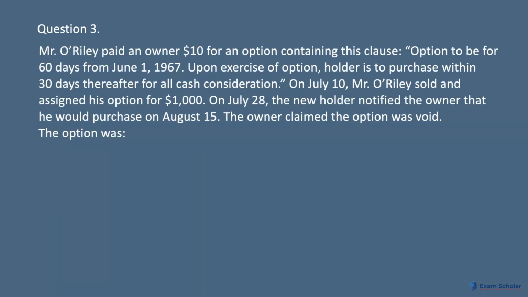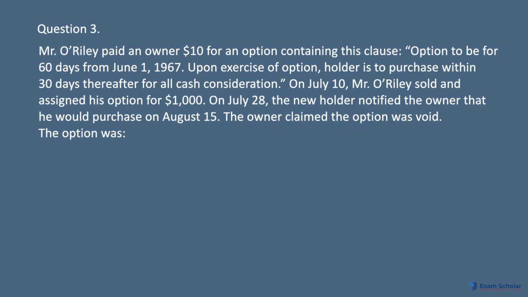Question 3. Mr. O'Reilly paid an owner $10 for an option containing this clause: option to be for 60 days from June 1, 1967. Upon exercise of option, holder is to purchase within 30 days thereafter for all cash consideration. On July 10, Mr. O'Reilly sold and assigned his option for $1,000. On July 28, the new holder notified the owner that he would purchase on August 15.